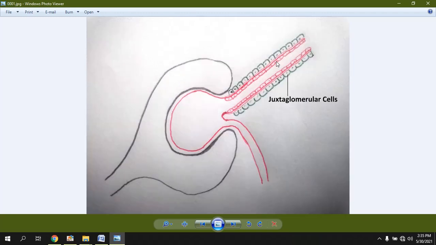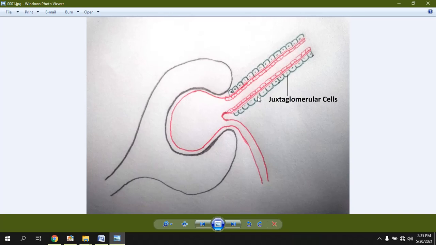Going to the second slide. Above the afferent arteriole there is a layer of muscular cells which is represented by green color over here. These are called juxtaglomerular cells. These are called juxtaglomerular cells because these are in junction with the glomerulus.